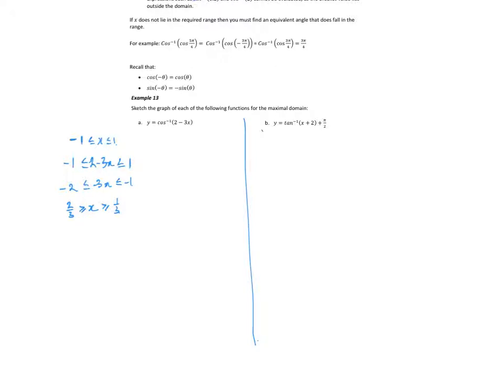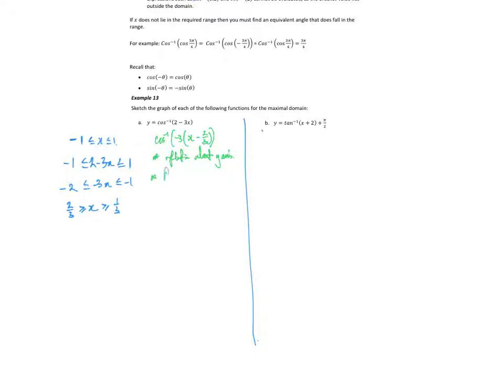So if we consider that graph a bit more specifically, let's rewrite it. Cos inverse of, with negative 3 at the front, that'll give me a positive, 3 times x minus 2/3. So we have a reflection about the y-axis, because it's inside the function.